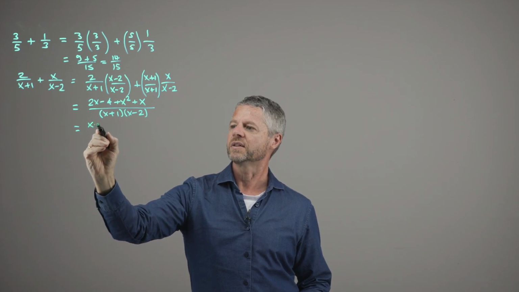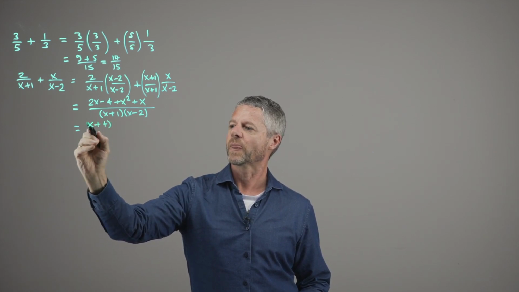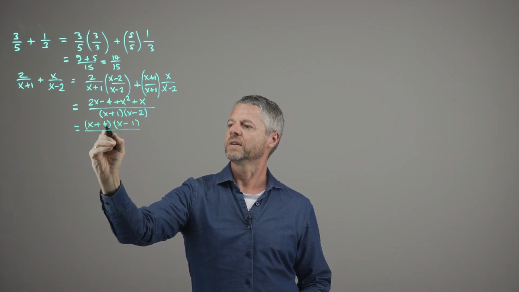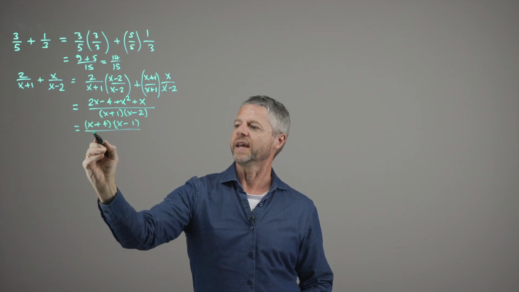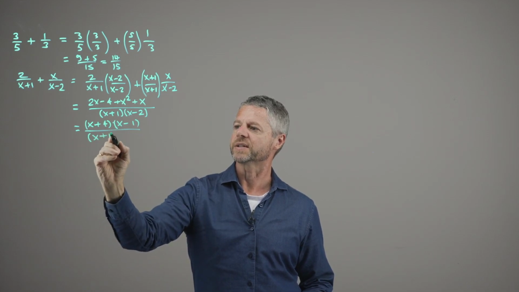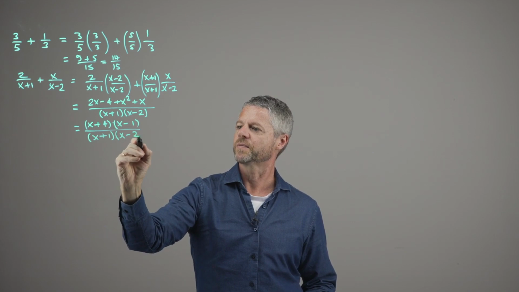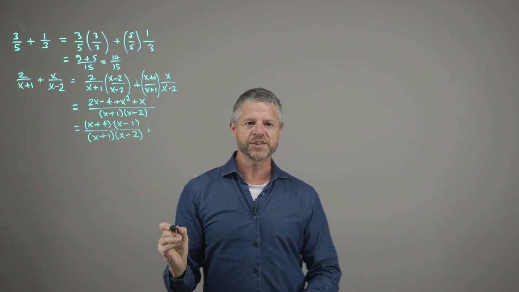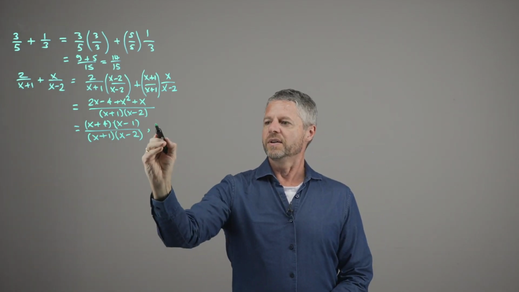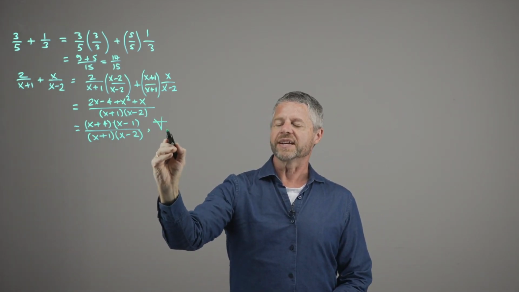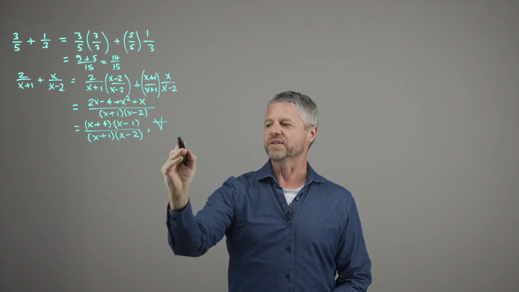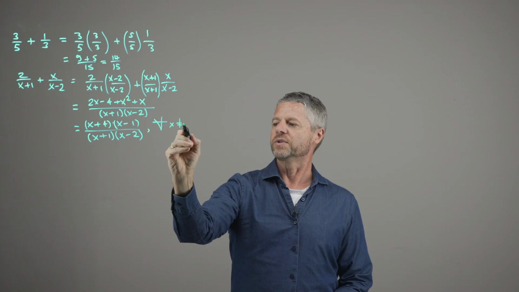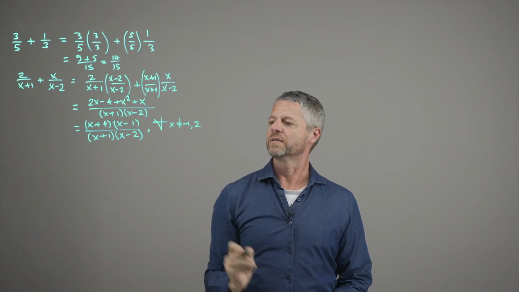So (x plus 4)(x minus 1) in the numerator, and in the denominator (x plus 1)(x minus 2). As always with rational expressions, we need to note any values of x that aren't permitted in the domain. In this case, that would be x not equal to minus 1 and 2.